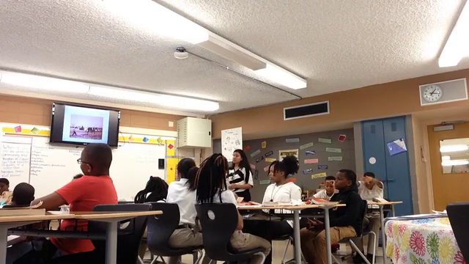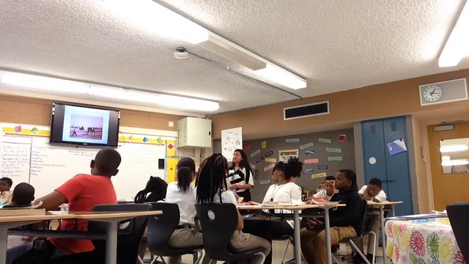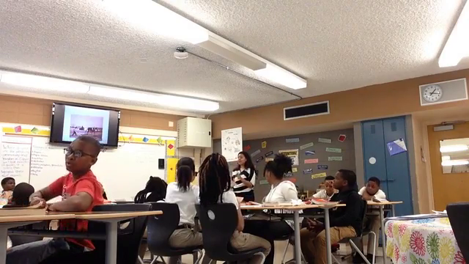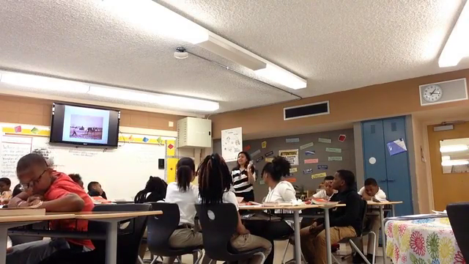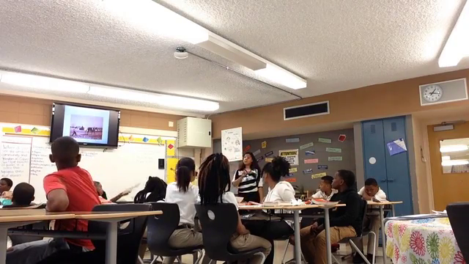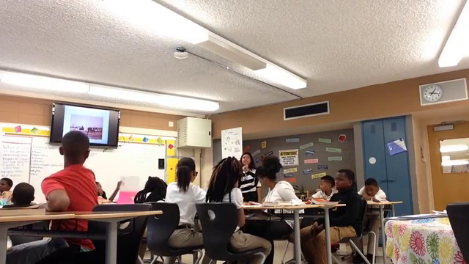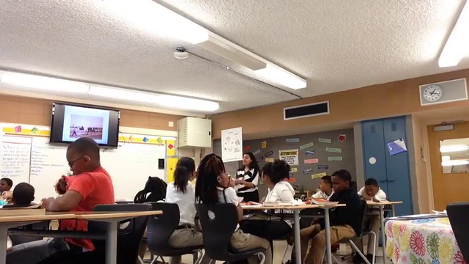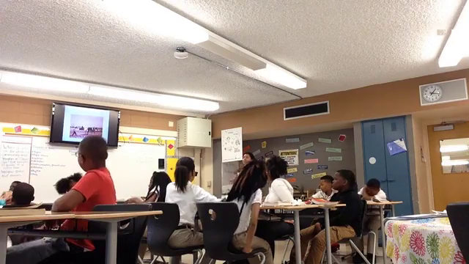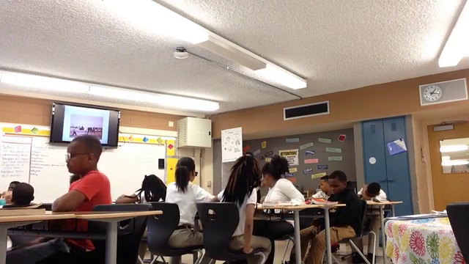Now I'm going to show you what I want to do for the last part of class. We want to build connections between this poem that we just read and what we've been reading in Copper Sun, because there are examples of community and freedom across both texts. First, I'll share a connection I made.